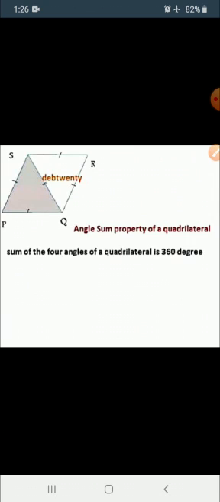Angle sum property of a quadrilateral. We know the angle sum property of a triangle, that is, the sum of all the angles of a triangle should be equal to 180 degrees. Here you can observe in this quadrilateral there are two triangles. Always in a quadrilateral there will be two triangles.